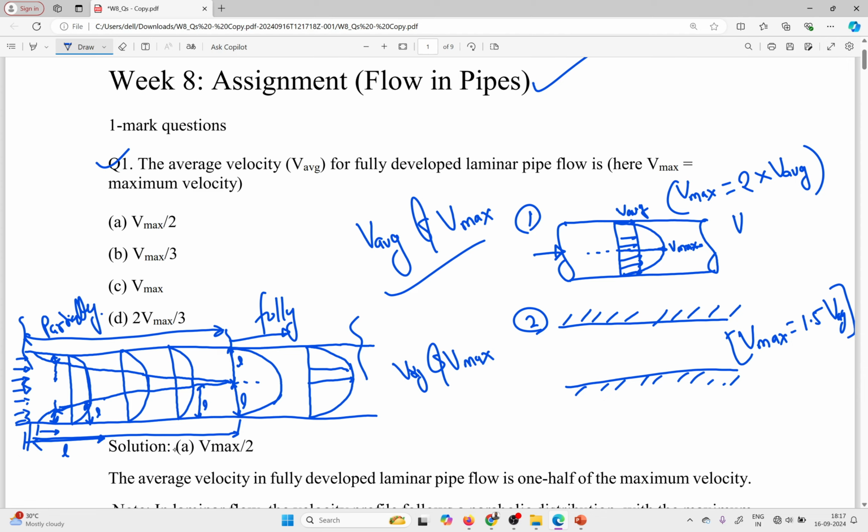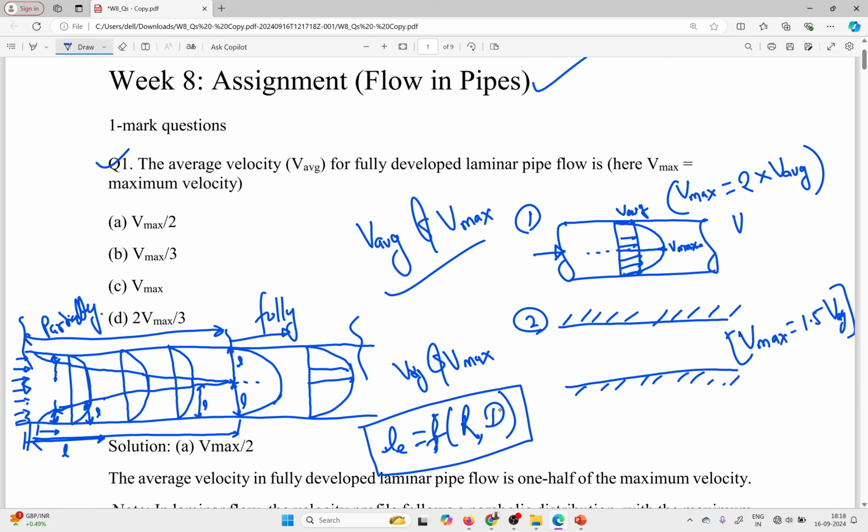Remember, for laminar flow, the fully developed length, if I write it as L, may be a function of your Reynolds number or the diameter; these things I will discuss later, for laminar and for turbulent.